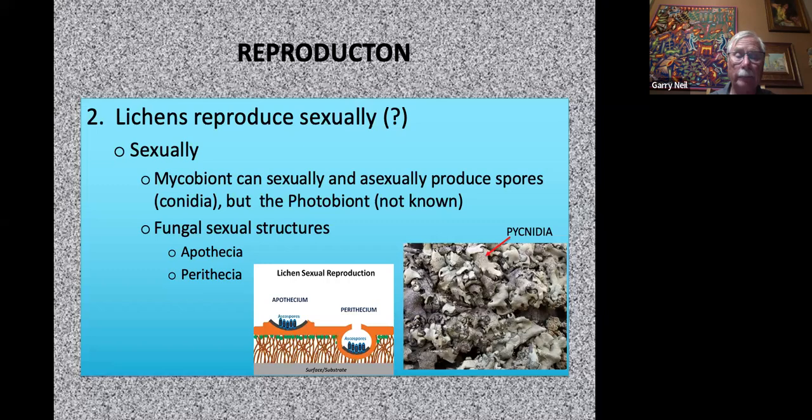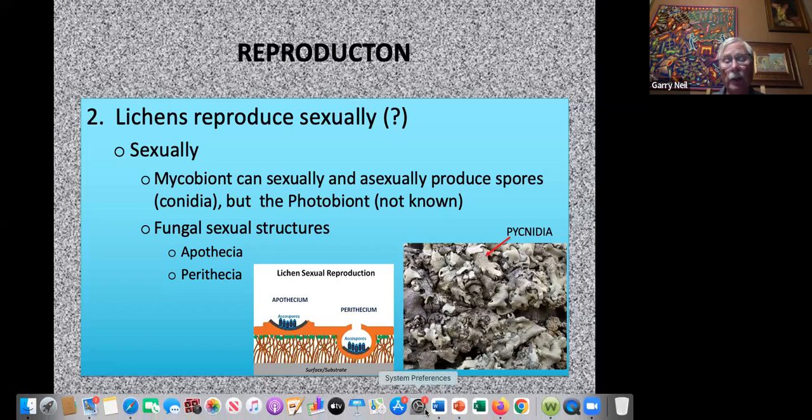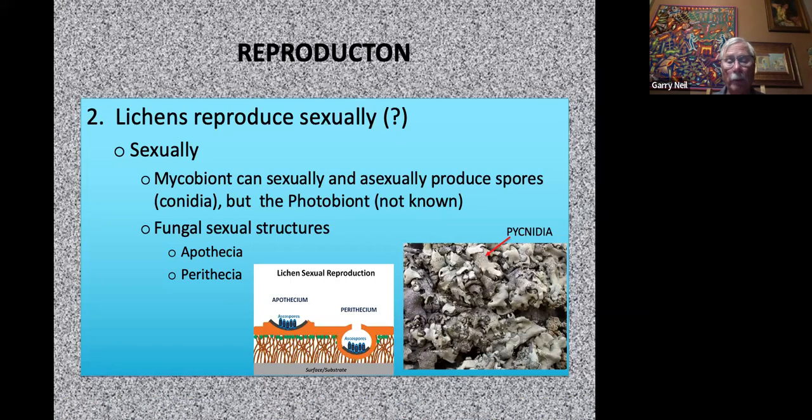And again, it's either going to be a cup-like structure, because the majority of lichens are ascomycetes, which are cup fungi, or they form what's called a perithecium, which is also part of the ascomycetes. It's in smaller numbers. In this case, it has a little hole at the top surface of the thallus, and it forms a bowl underneath. In that bowl, it forms the ascospores, and then they are released out through that hole. We're going to show examples of what that really looks like in some photomicrographs.